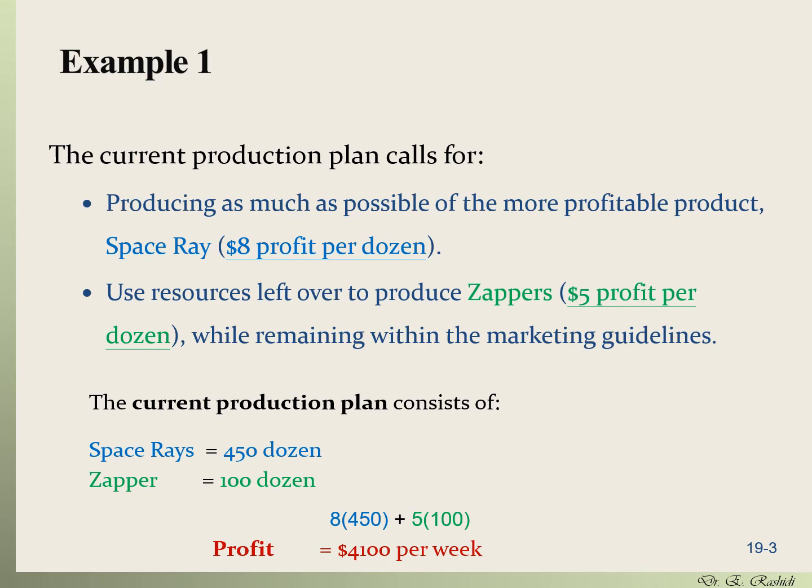With the resources that are left over, we want to produce zappers, which will make $5 profit per dozen. And of course, we want to remain within the given market guidelines and restrictions.